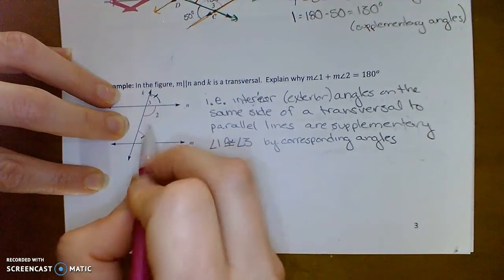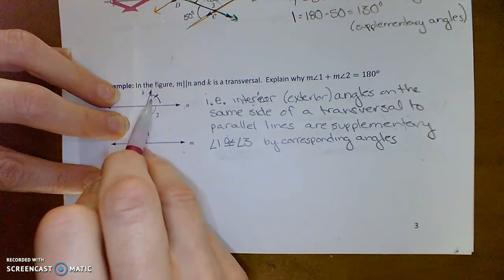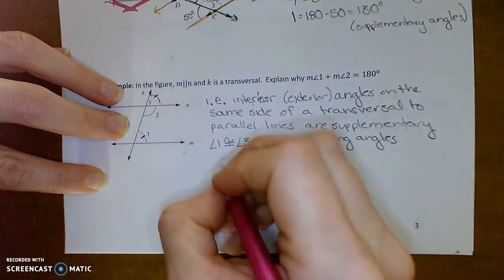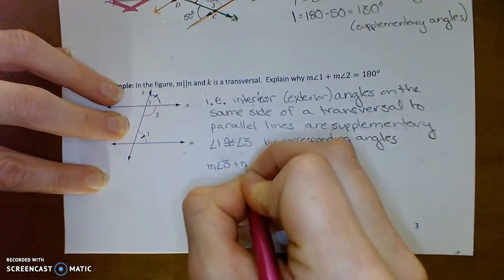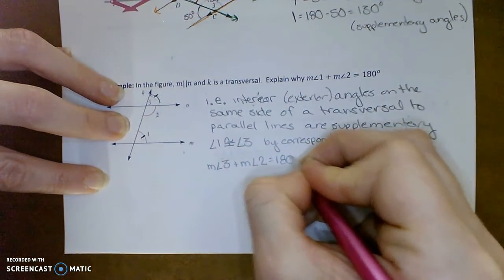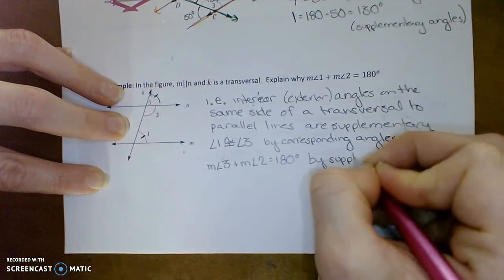And we also know that angle 3 and angle 2 add up to 180 degrees because they are supplementary. So the measure of angle 3 plus the measure of angle 2 is 180 degrees by supplementary angles.